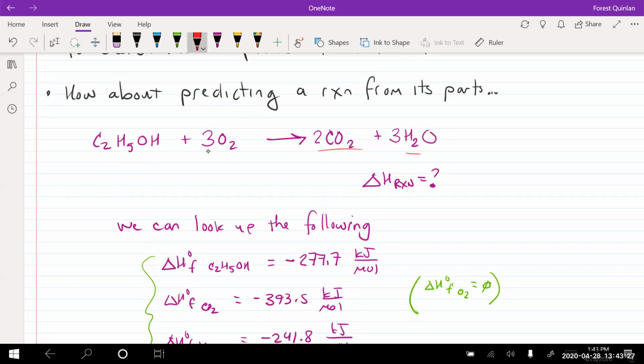Now, the other two, the CO2 and water, we're going to be able to write them as we should, from the elements to make the compound. The only difference here now is we've got to worry about the coefficients, but we know how to tackle that.